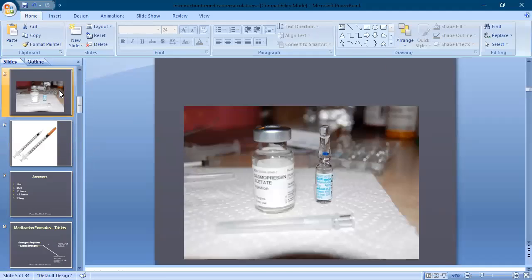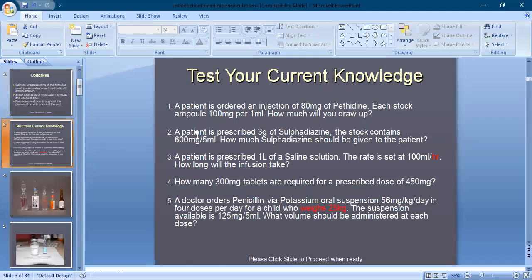So what about the second question? A patient is prescribed 3 grams of sulfadiazine, and the ampoule contains 600 milligram per ml.